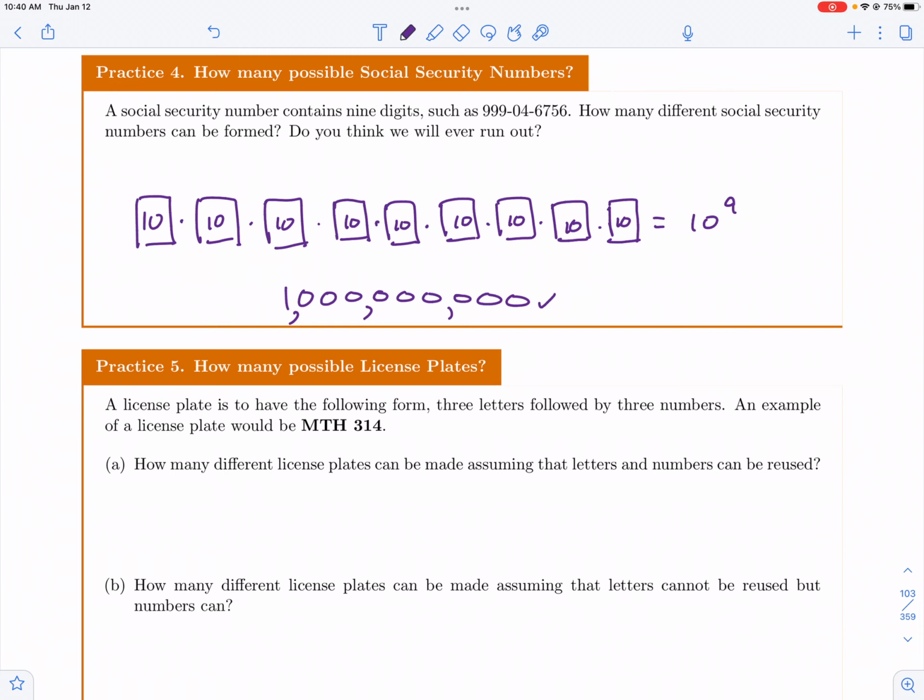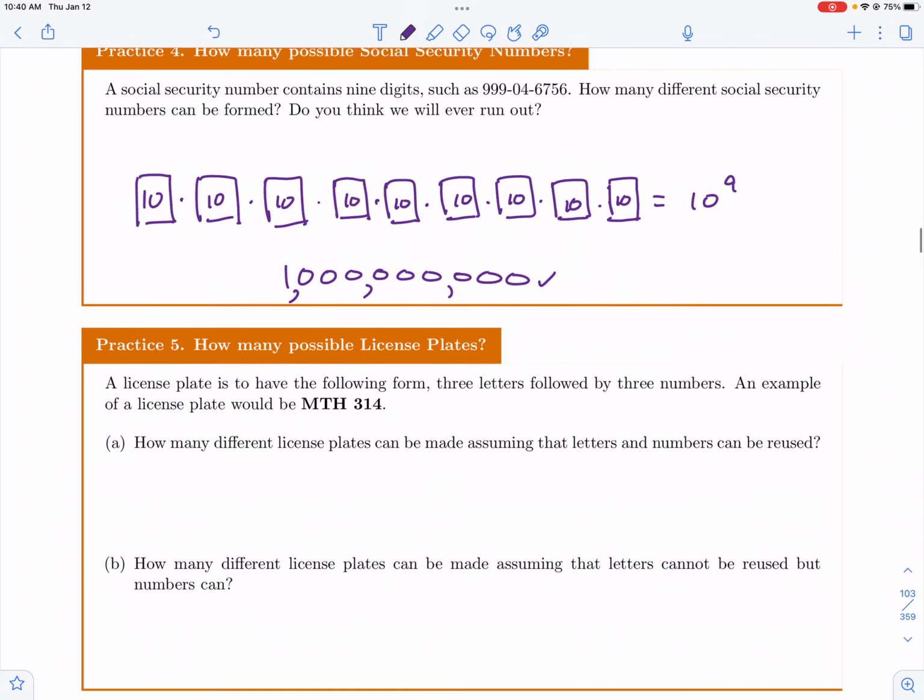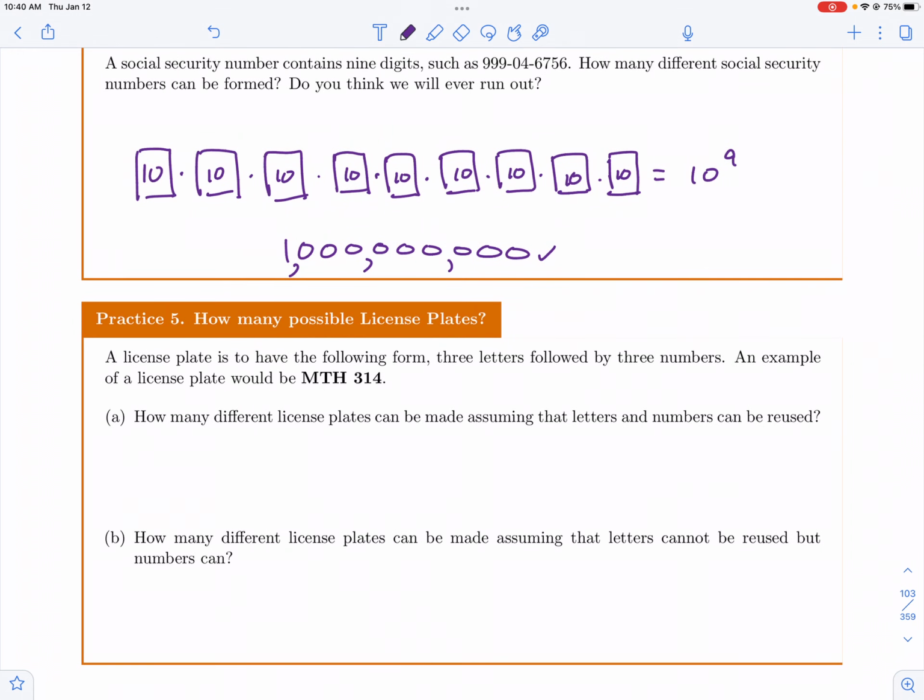But all right, anyway, for practice 5, this one's kind of the same idea. Again, there are no obvious clear-cut categories, but we've got a license plate, and it consists of 3 letters for the first 3 parts and 3 numbers for the second part, and we want to figure out how many different license plates we can make. Again, think of these in terms of categories.